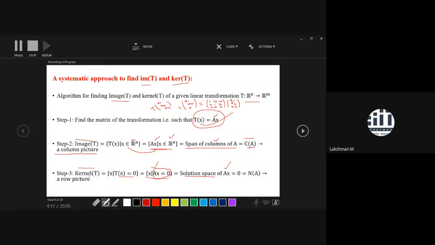That is why another name for the kernel of T is the null space of A. N is taken from null space of A. These are just names coming from the corresponding characteristic. If you try to visualize the null space, it gives a row picture, because we are solving a system of linear equations, one equation, two equations. So the null space or kernel of T has geometrically a row picture.